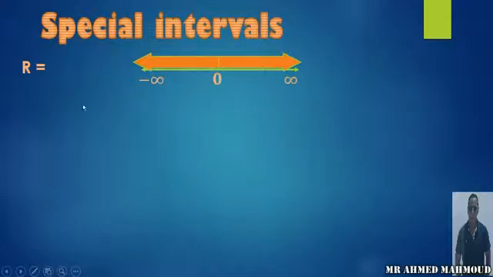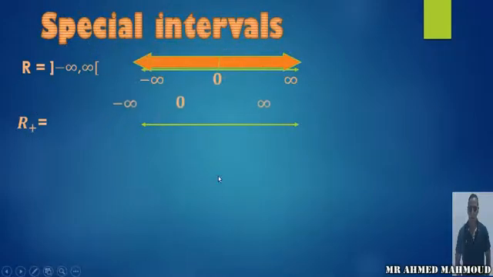Then R is written in interval form like this, from negative infinity to infinity. The second example is R positive, the set of positive real numbers. R positive represents the numbers in this direction from 0 to infinity, but 0 is not a positive number.